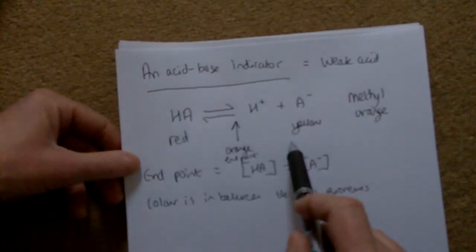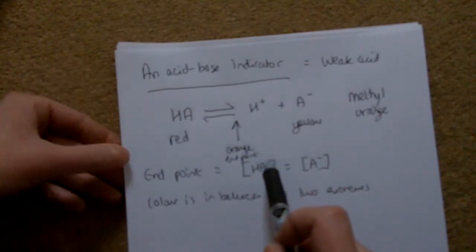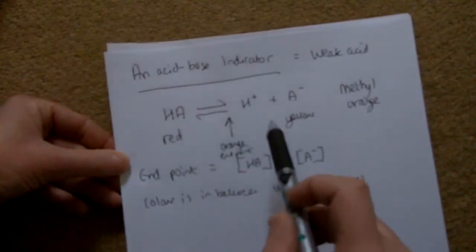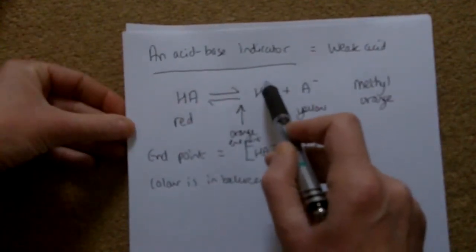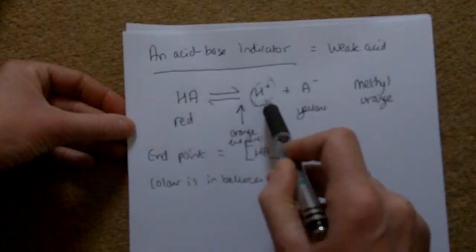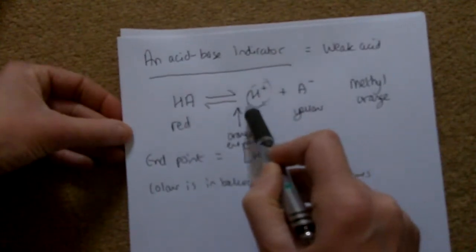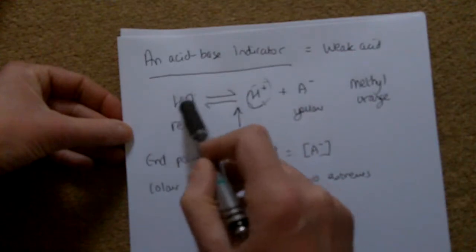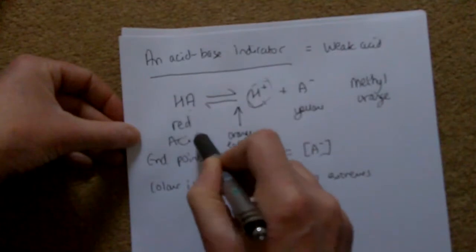It's a weak acid, so if the indicator is in acid, then the position of equilibrium will move to the left, and the indicator will be the color red.